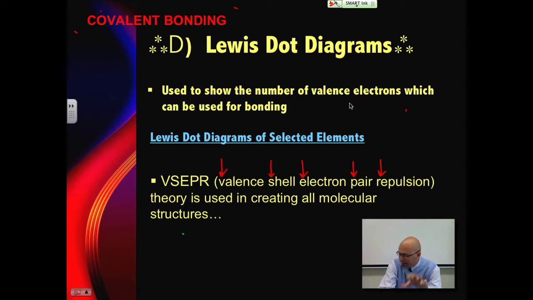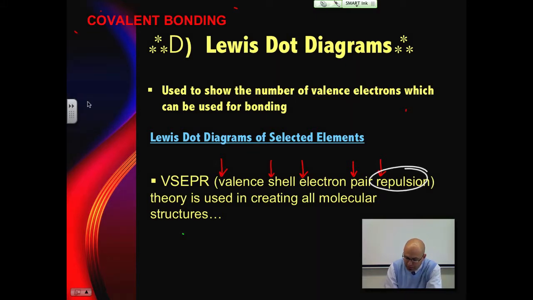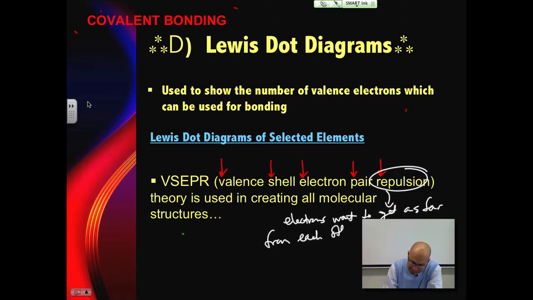What it basically says is this: electrons want to get as far apart as possible. As it says here, repulsion, electrons want to get as far from each other as possible.